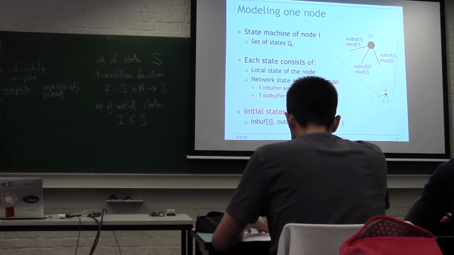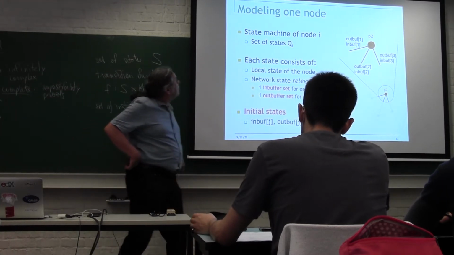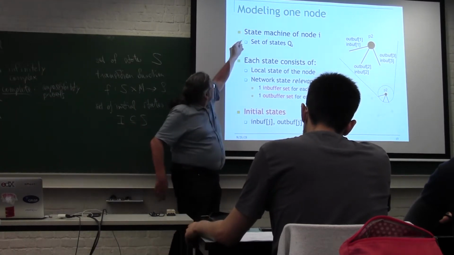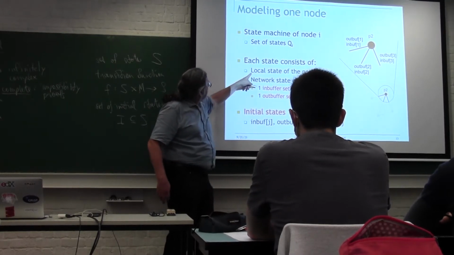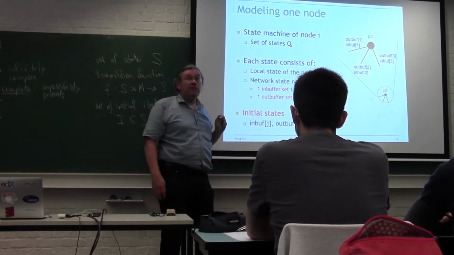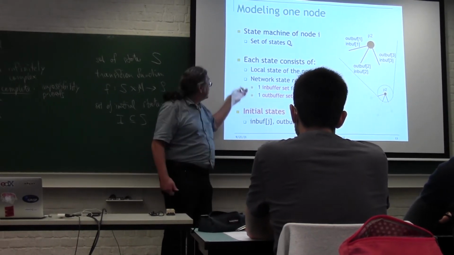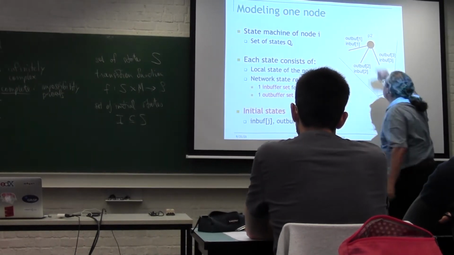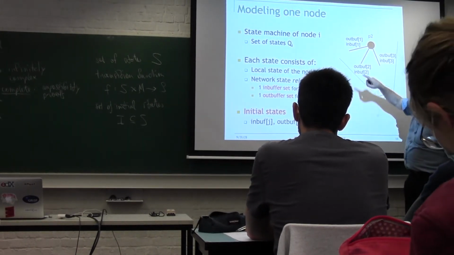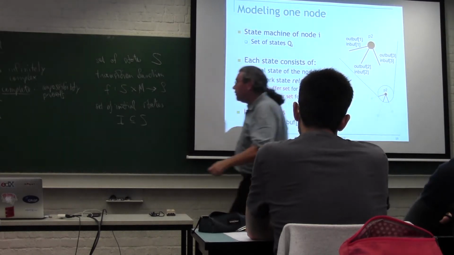Now I'm going to add something to this because of the distributed system. You have the state machine, and I just showed you an example, which is the local state of the node. But you have something extra, which is the network, okay? So here's a node, P2, and we assume that each node is connected to a set of neighbors.